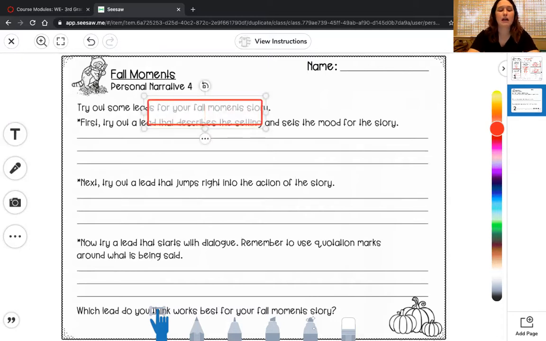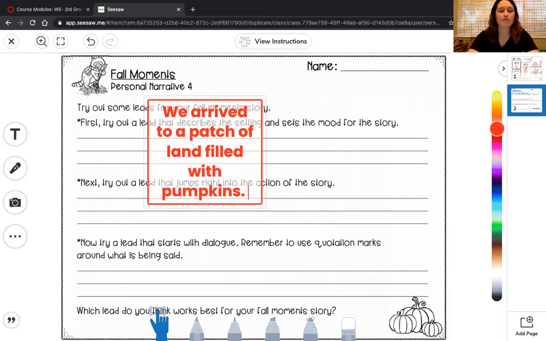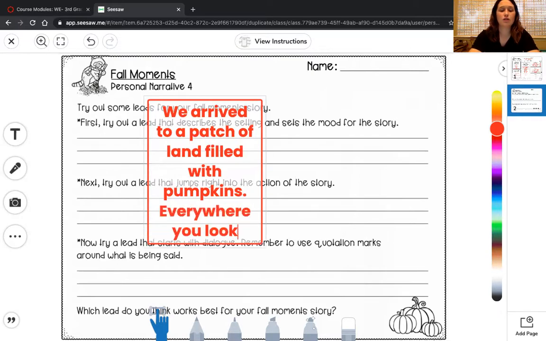So I may say, we arrived to a patch of land filled with pumpkins. Everywhere you looked was orange and green.